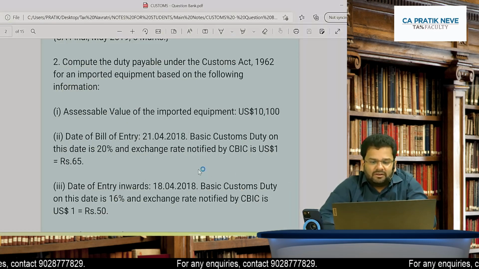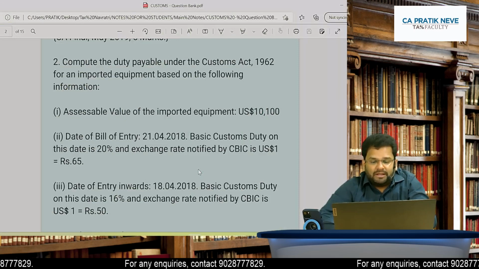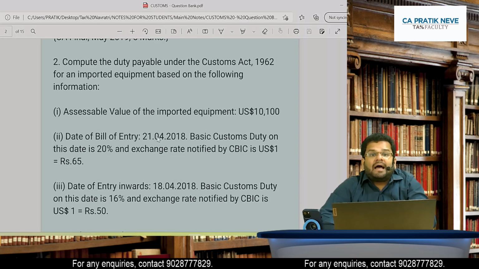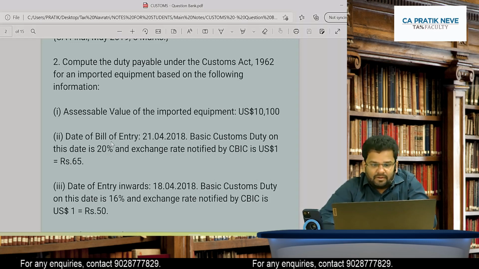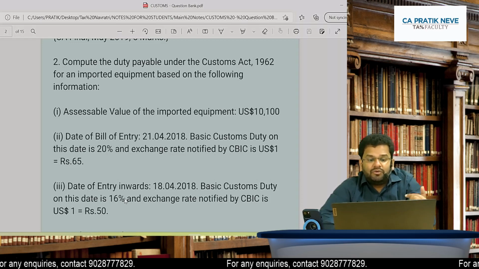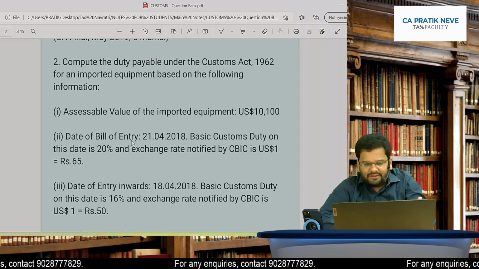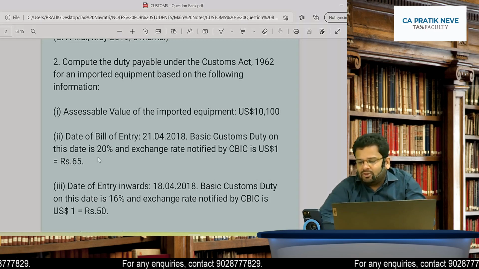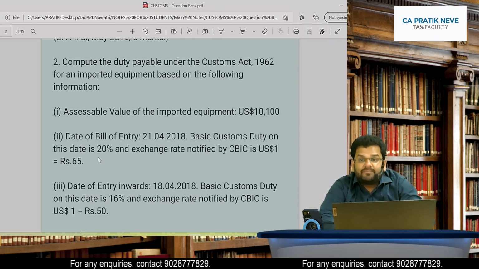Now friends, you calculate the rate of duty. Rate of duty will be as on the date of bill of entry or entry inwards, whichever is later. So the later is the date of bill of entry, so it's going to be 20%. So you calculate on 6,56,500 at 20%.